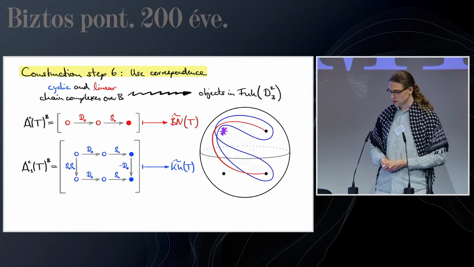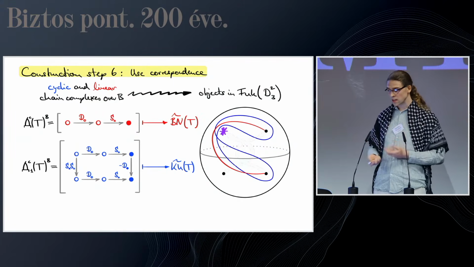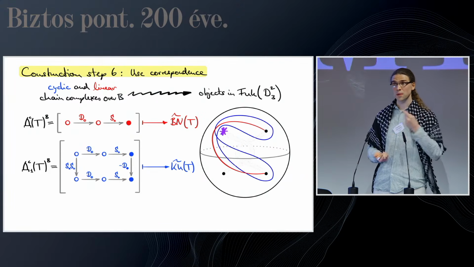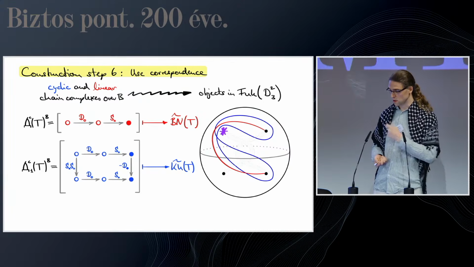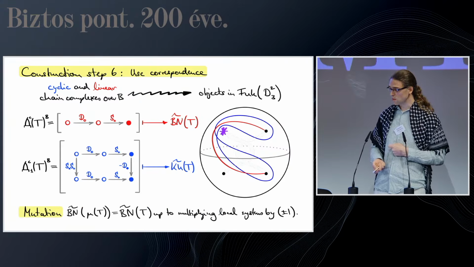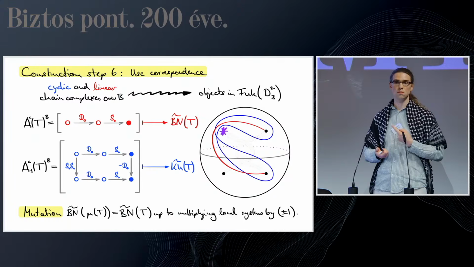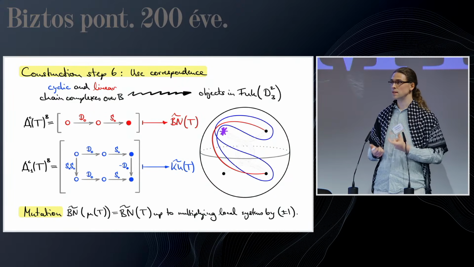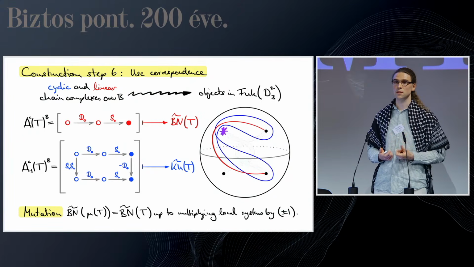And as a final summary, if we now think about Conway mutation, then the only thing that changes is the minus signs on the d's. So overall, the local system might change by a sign. But the underlying curves themselves stay the same if you mutate.